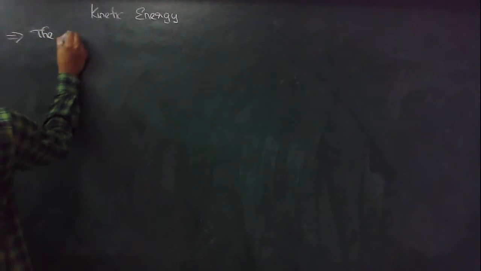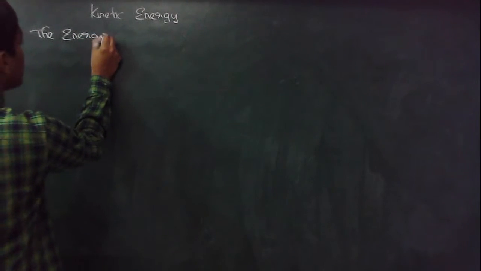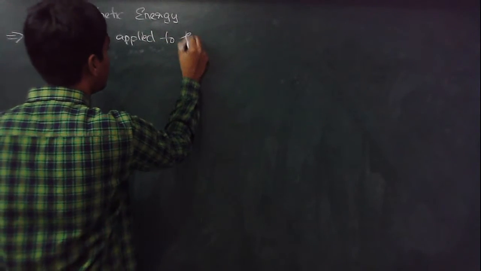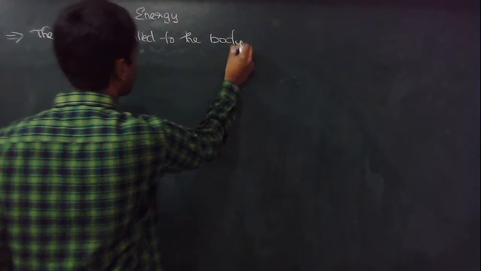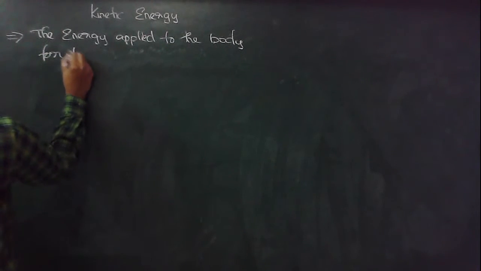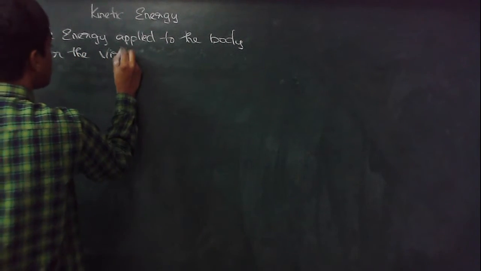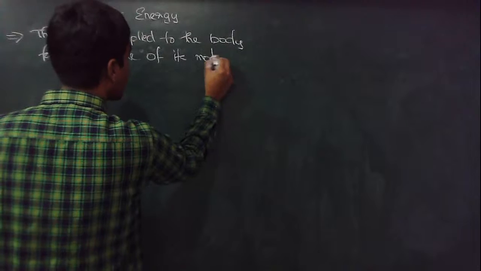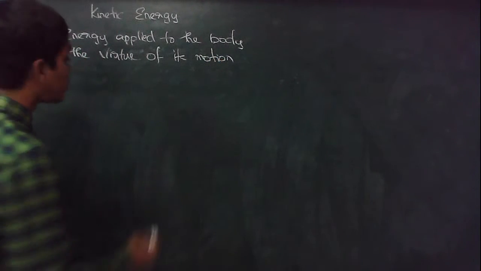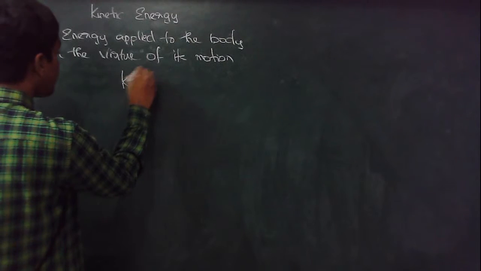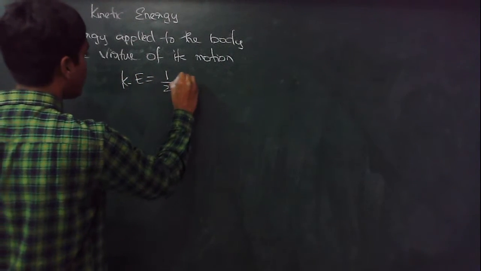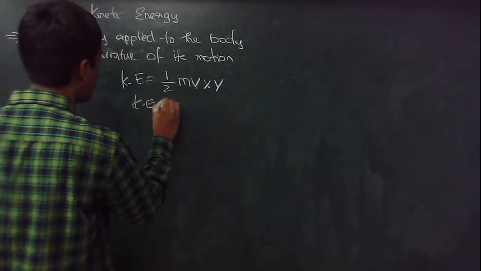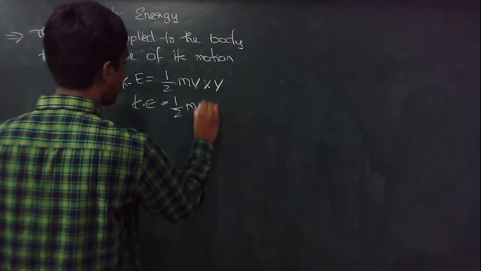It is the energy applied to the body by virtue of its motion. So it is motion, so it has velocity. So KE is equal to half mv into v. So KE is equal to half mv square.